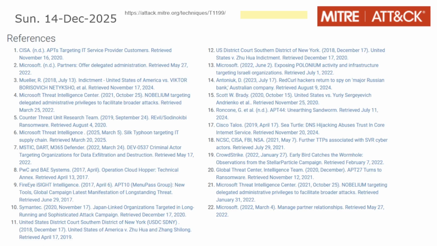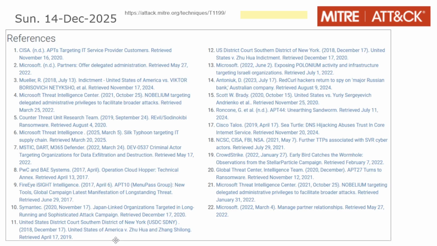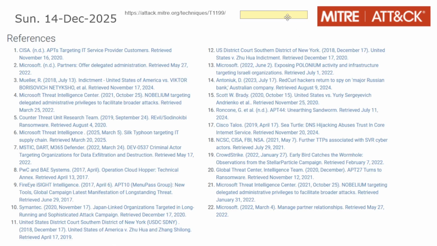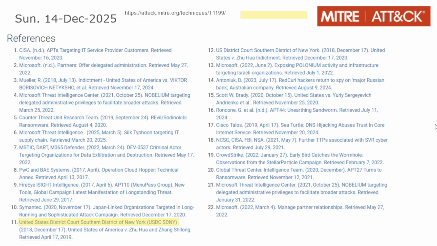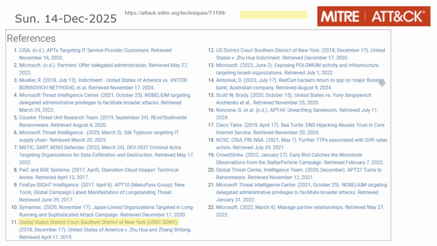United States District Court, Southern District of New York. That's unusual, at least. Let's mark it. I don't expect a Southern District of New York to do anything on that matter, but let's see. Maybe that's a good source. And here again, US District Court, same thing, and they have some indictment, whatever that is. So let's see. We will read this at some point. And again we have Microsoft here, Cisco Talos Group.